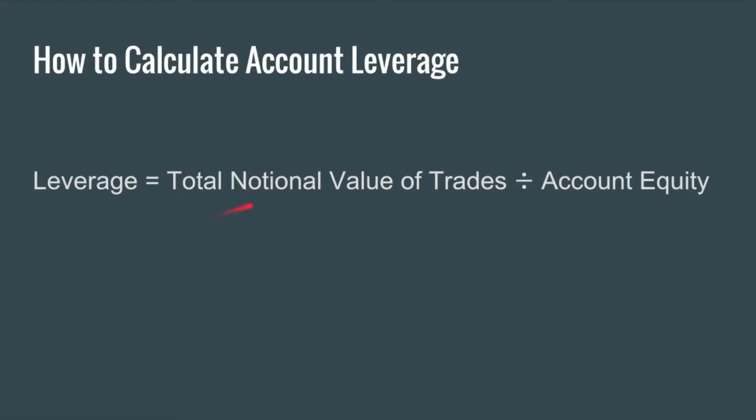So that's the total notional value of a trade, and then account equity is just the amount of capital in your current account. And as another example, if you were to open an account with $1,000 of capital, aka equity, and buy one mini lot of USD/CAD, so that would be a $10,000 trade size, your account leverage ratio is 10 to 1.